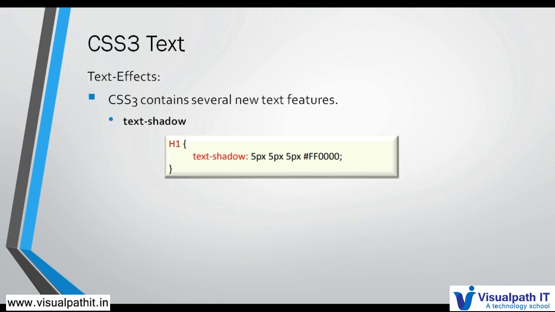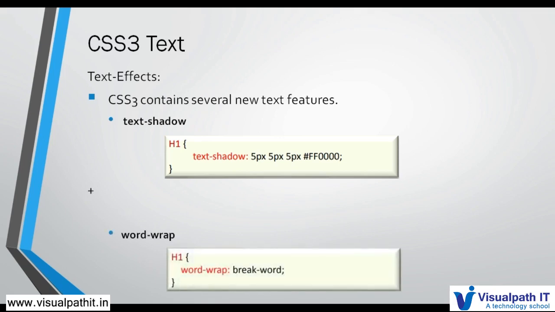With the help of this syntax, we can give text shadows. Then we have word wrap, the same word wrap, then break word. So we can break the words to make it word wrap.